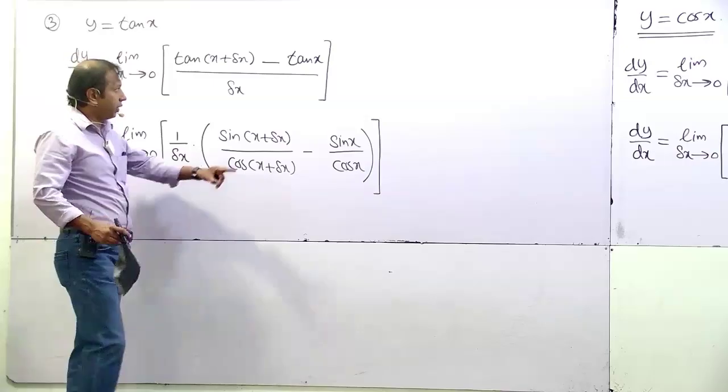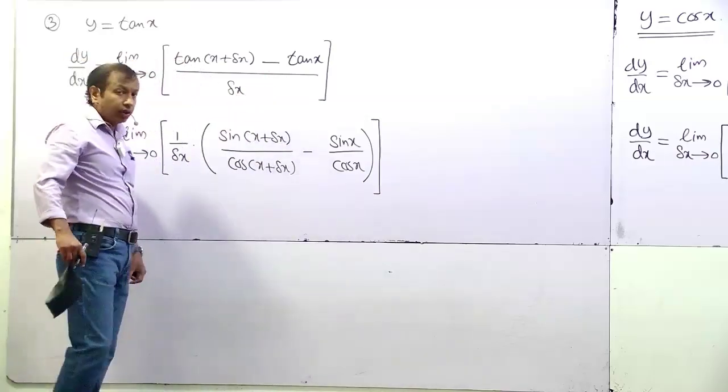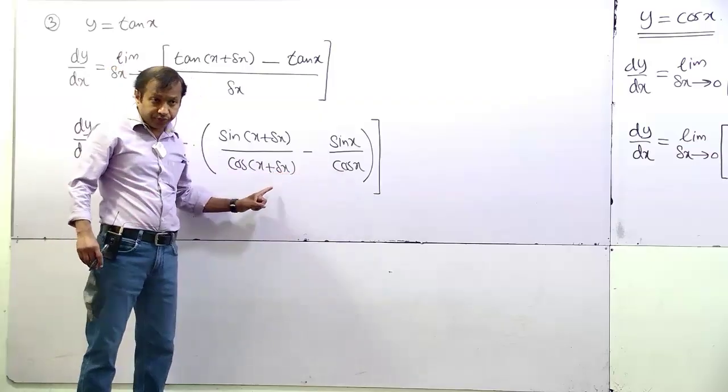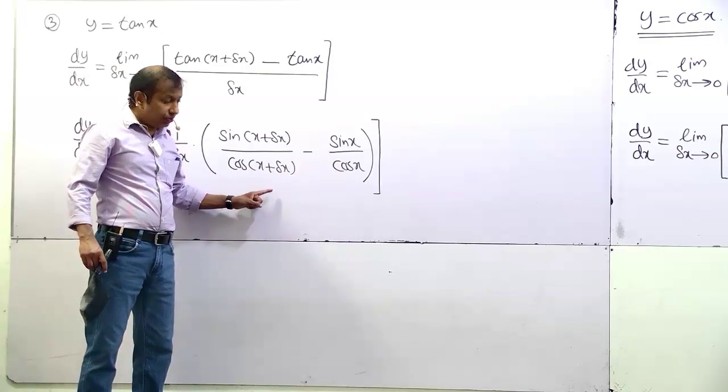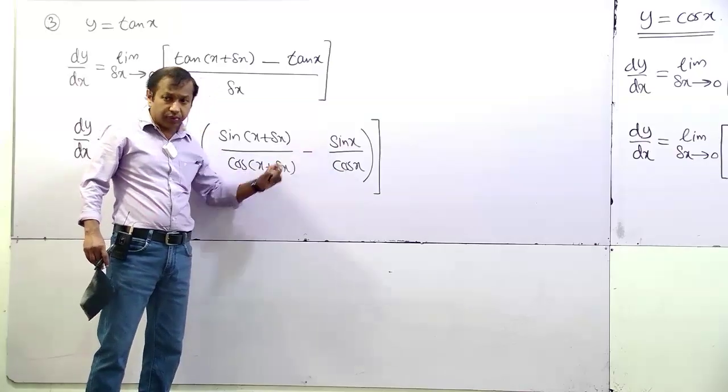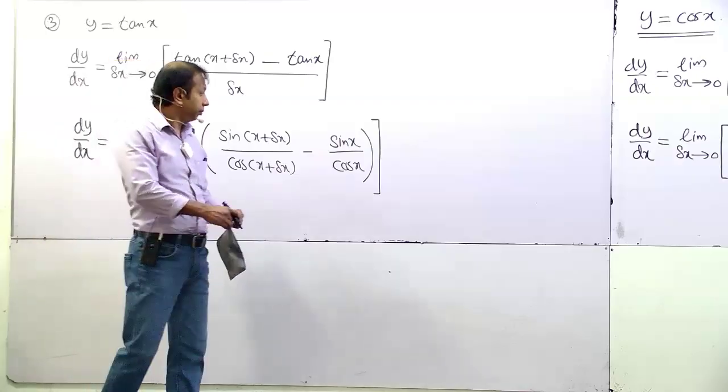This tan x we can write as sin x by cos x. Now take the common denominator, the product of these two. Once you take the product of these two as a common denominator, this comes here and this goes here. That is the next line.